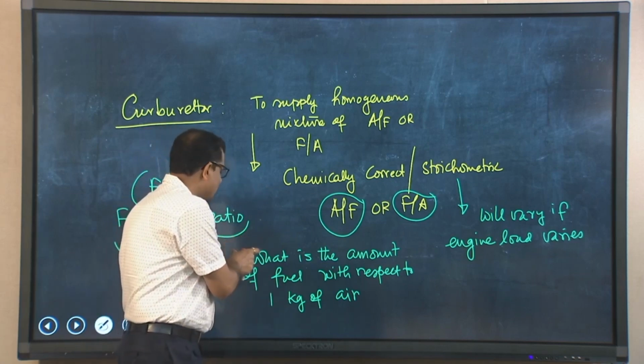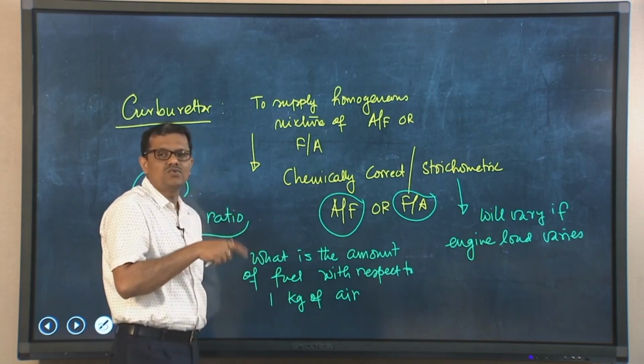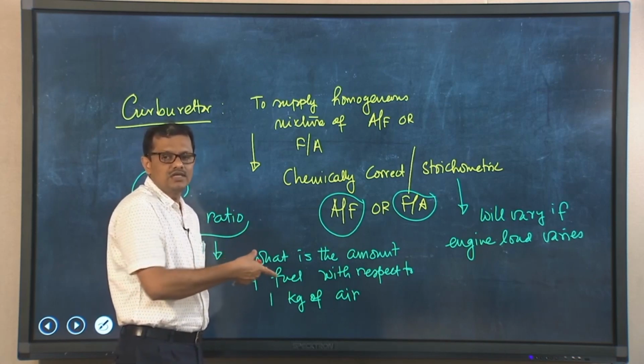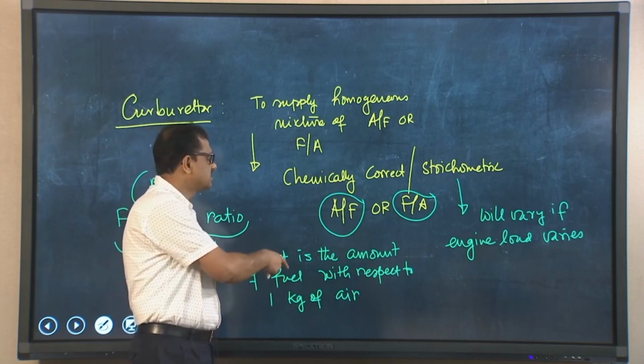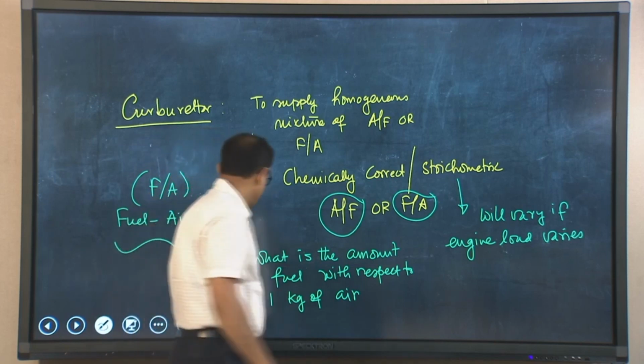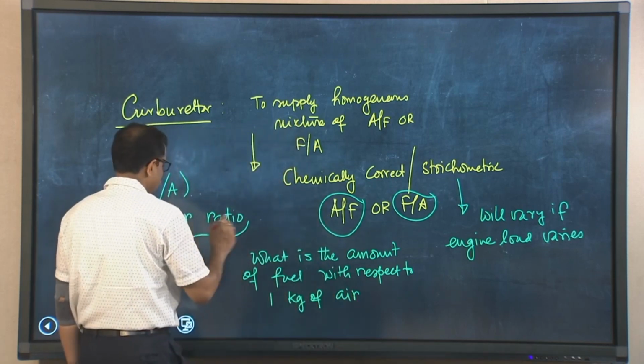So, the fuel air ratio is the amount of fuel with respect to 1 kg of air. If it is air fuel ratio, it is reverse, that is the amount of air with respect to 1 kg of fuel.